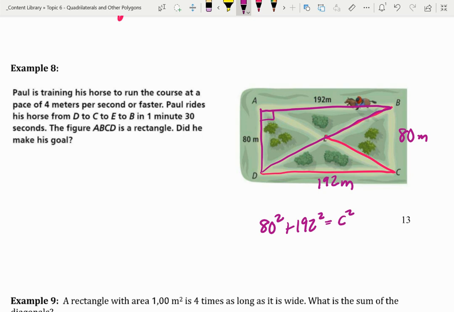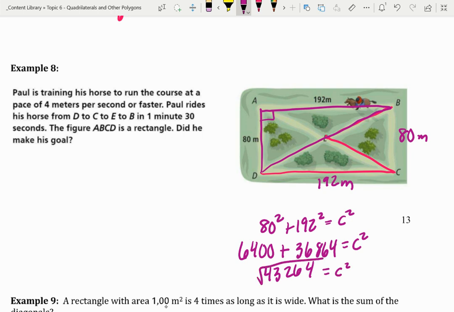When we do this in our calculator, we get 6,400 plus 36,864 equals C squared. When we add those together, we get 43,264 equals C squared. We square root both sides. So we get C is 208 meters.